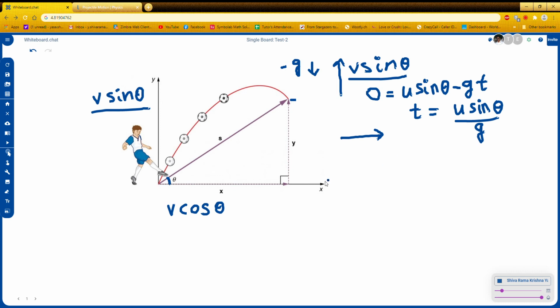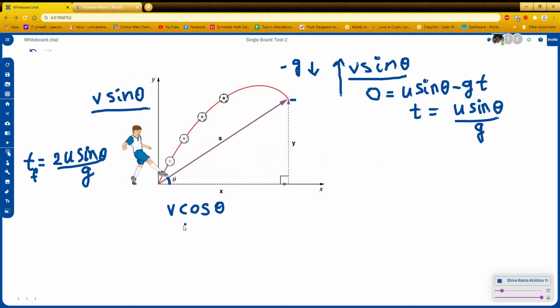So the total time of flight, let me represent it as Tf, will be basically 2u sin theta by g. Very simple. Now if we consider the horizontal motion, what do we get for horizontal motion?